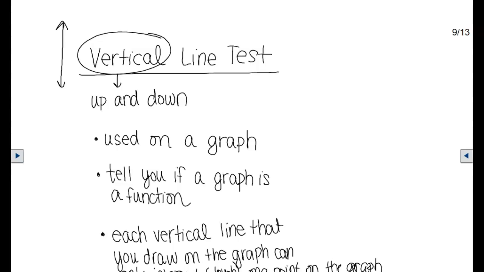So that's how it works. Each vertical line that you draw on the graph can only intersect or touch one point on the graph.